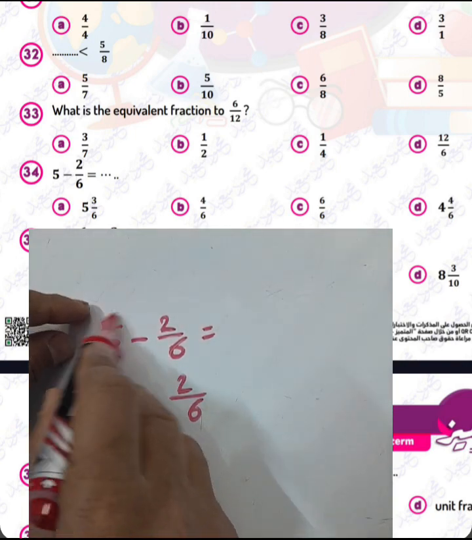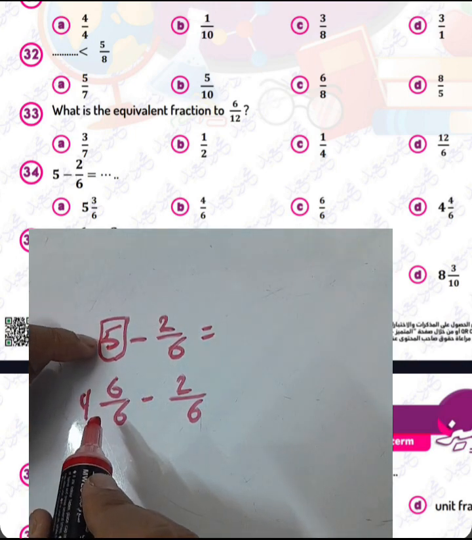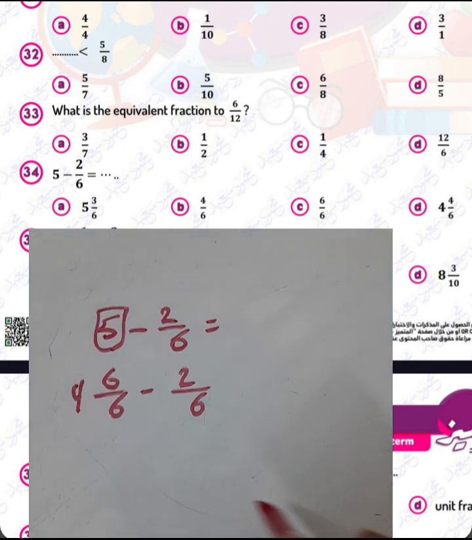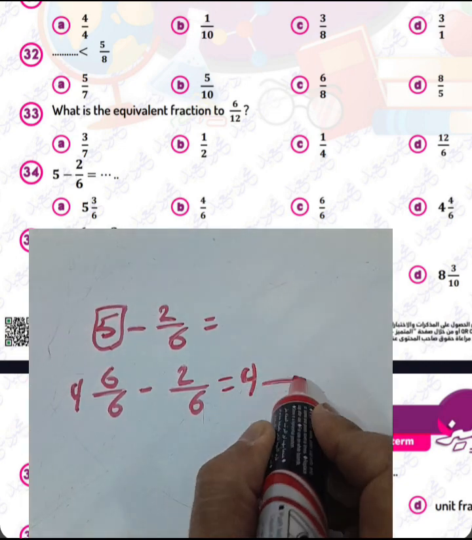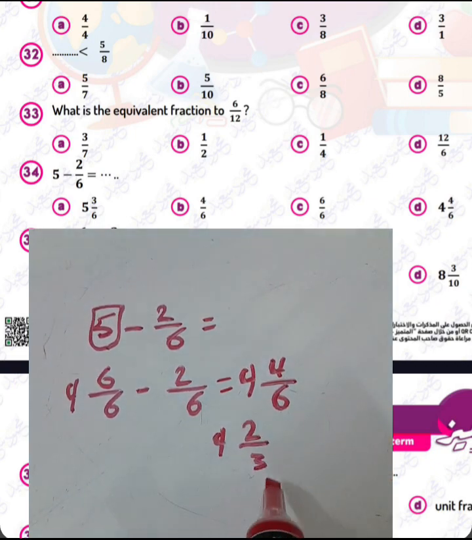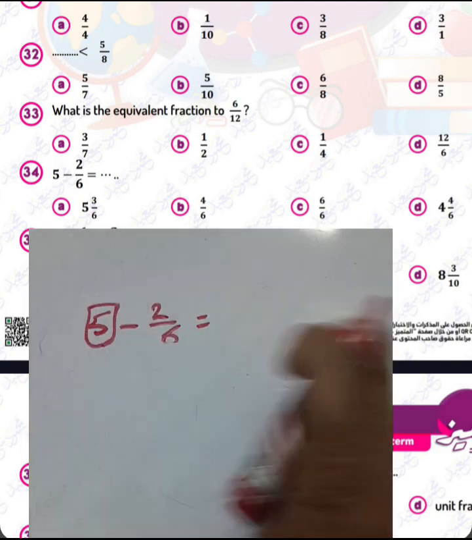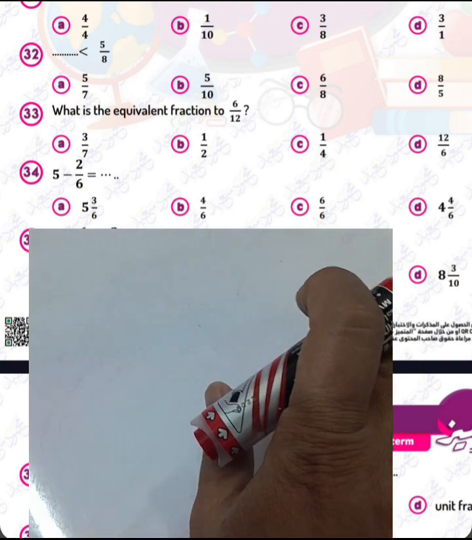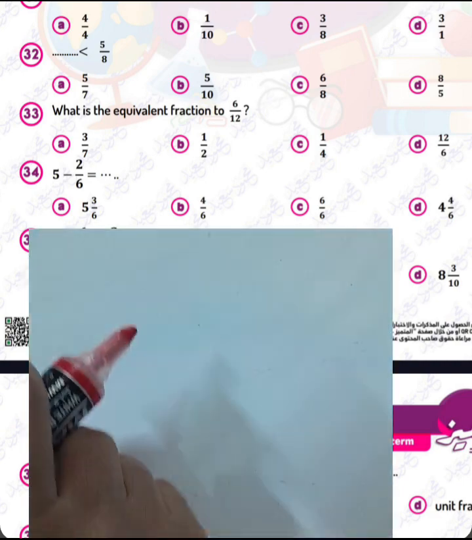We take 1 from 5, then 5 will be 4, and 1 equals 6 over 6. Subtract, write 4 outside, and 6 minus 2 equals 4. The result will be 4 and 2 over 3. That's the result for this example. Or you can write 4 and 4 over 6, choose letter D.